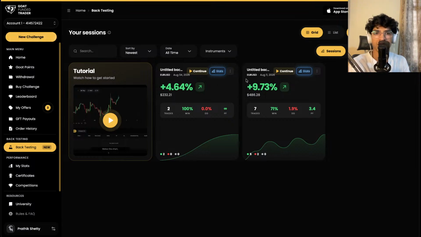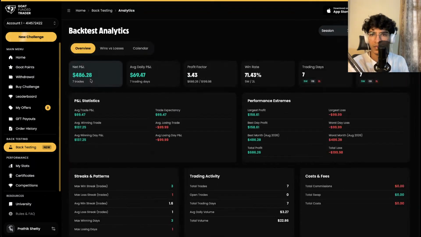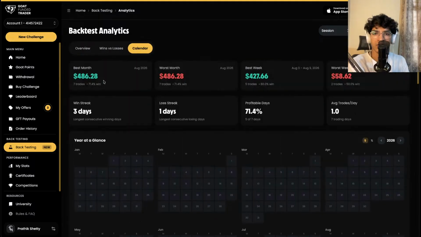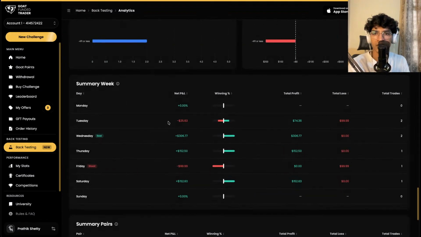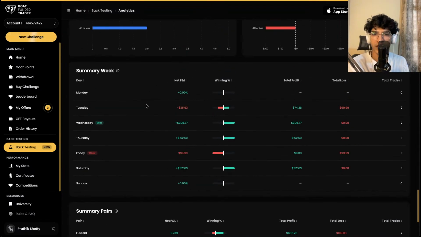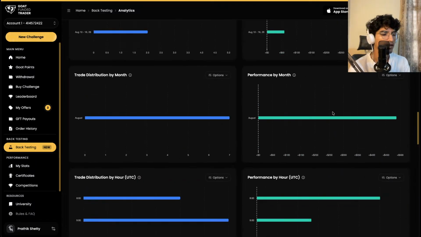But you can see here, if I go to stats, you can see how many trades I took, what's the average PNL, what's the win rate. This helps you identify if you're taking trades randomly. You can also filter which week you had good profit and which session you traded well. See here, it's mostly London and everything else is zero because I was shifting to London.